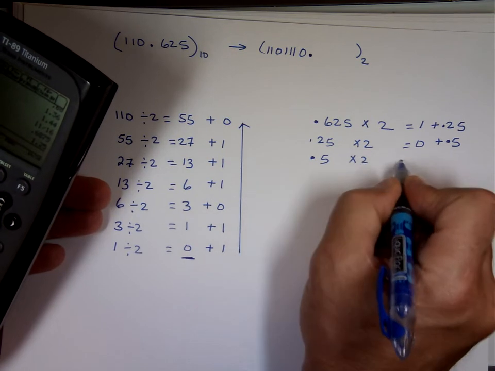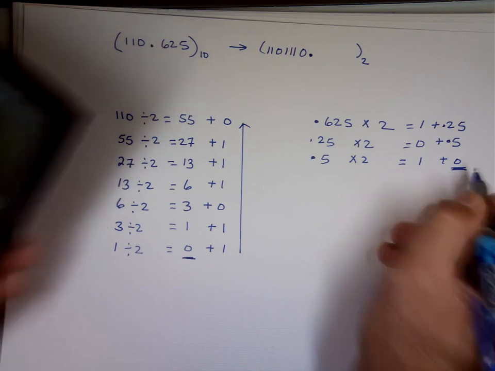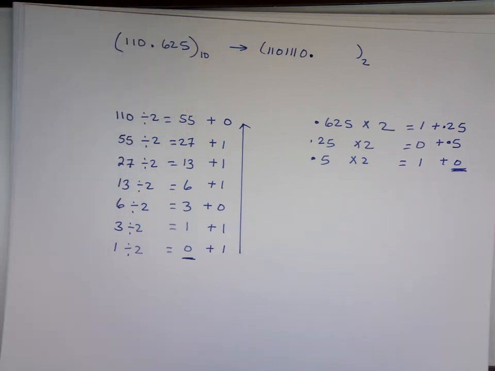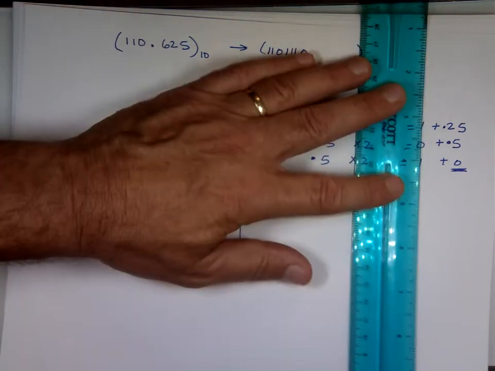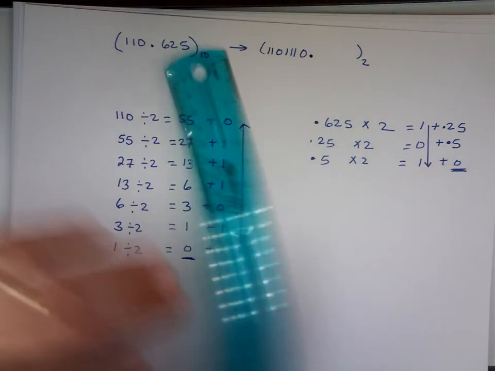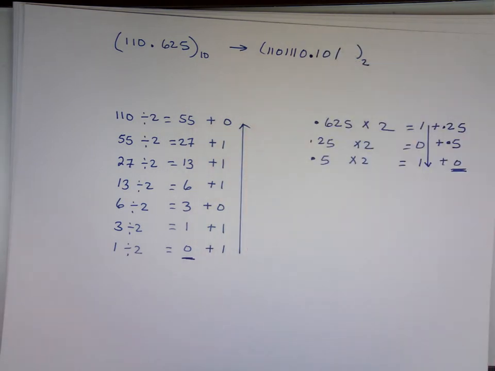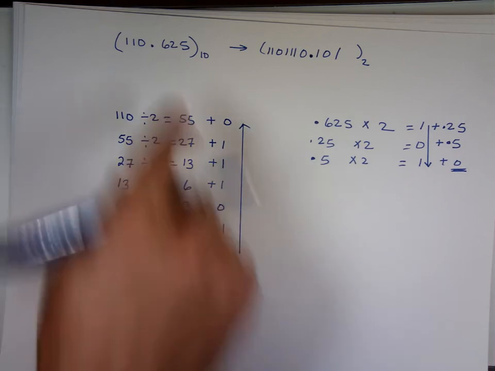It's 1 plus 0. Once you hit a 0 here, you're done. And again, the decimal ones, you read them down. In this case, even if you did it upward by mistake, you end up with the same answer. 101, but you read them down. So that decimal number is equal to that in binary.